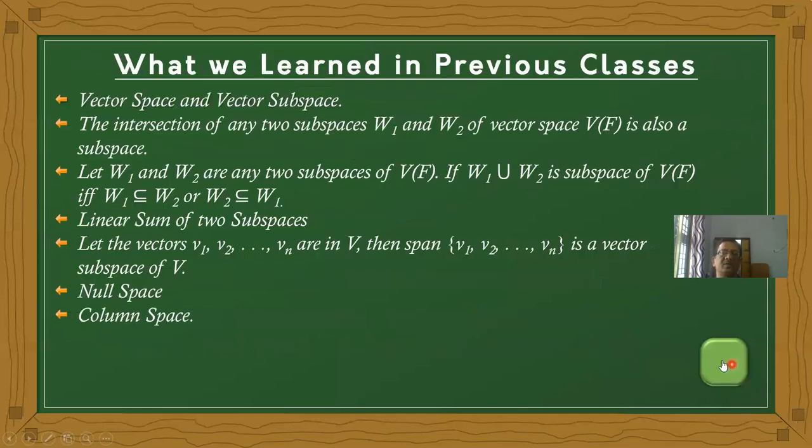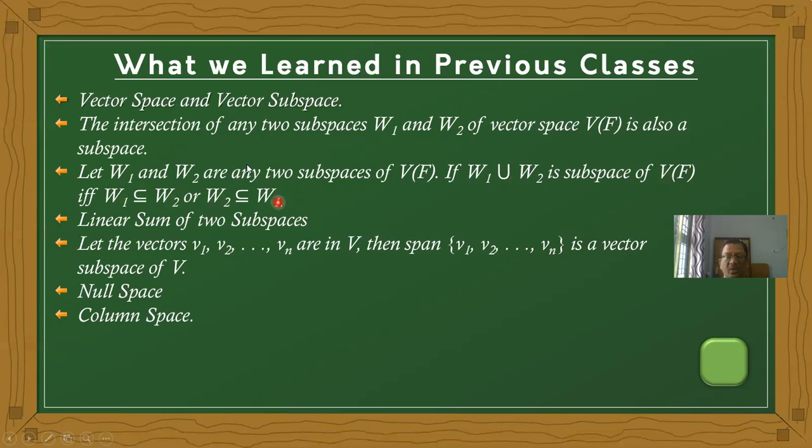After these definitions, we have the algebra of subspaces. What is the algebra of subspaces? When there are two subspaces W1 and W2 of the vector space V of F, then the intersection is definitely a subspace of V. The union is a subspace of V of F if and only if W1 is a subset of W2, or W2 is a subset of W1.